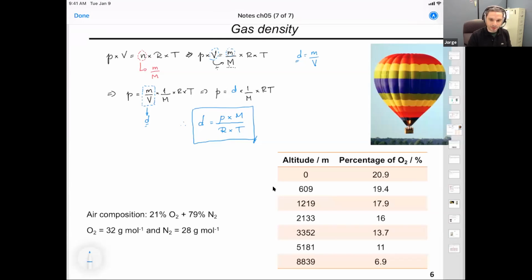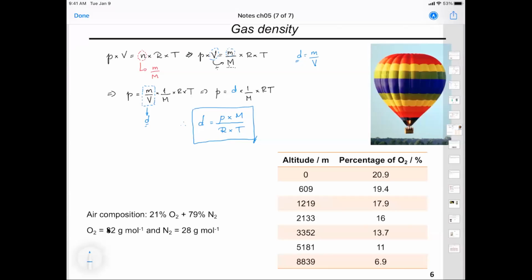And that is one of the reasons that moving from sea level to higher altitudes, the percentage of oxygen will decrease. Air is a mixture of nitrogen and oxygen, and as we know, nitrogen is lighter than oxygen.